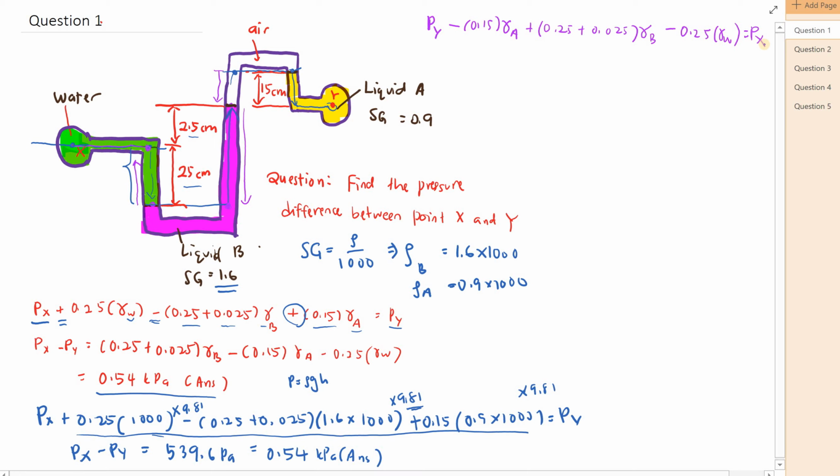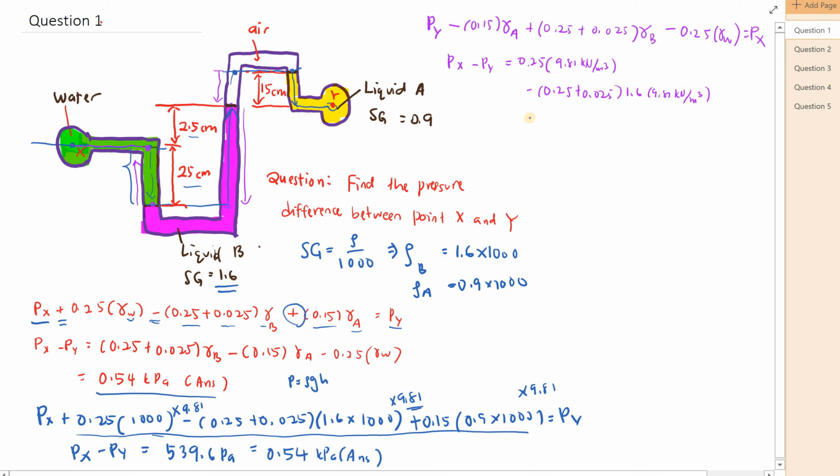So we rearrange it again. Px minus Py equal to 0.25 times gamma for water, which is 9.81 kilonewton per meter cube. And then you minus 0.25 plus 0.025, gamma of your liquid B is 1.6 times 9.81 kilonewton per meter cube.